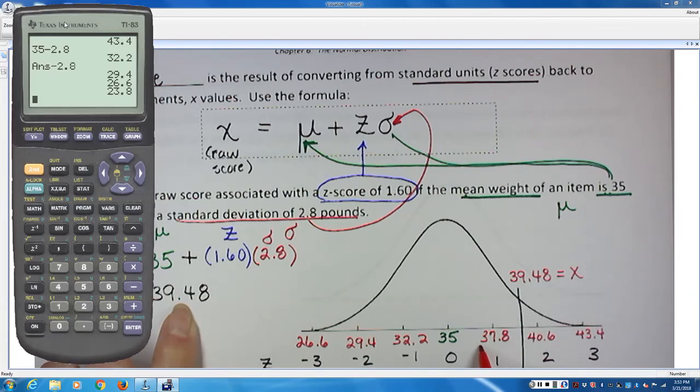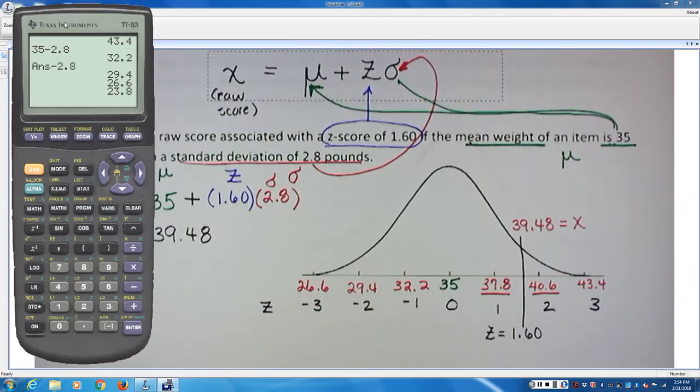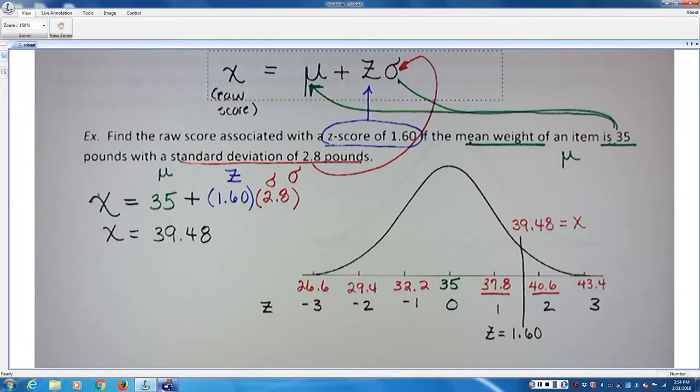And 39.48 is more than 37.8, but it's less than 40.6, so that kind of confirms that we were right. So use the pictures to help you make sure that you're doing the problem right. You should be able to confirm your answers with a visual.